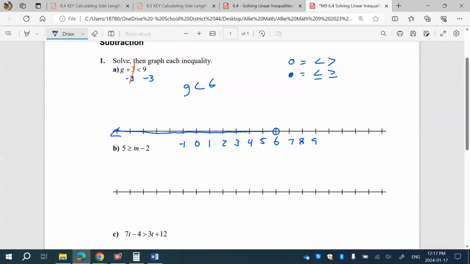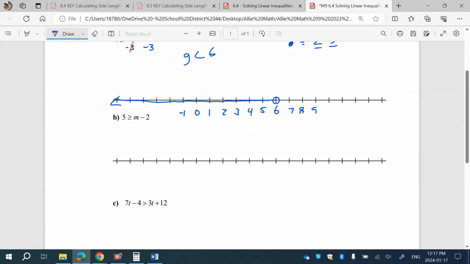Okay. So let's solve this one. We have m minus 2 is less than or equal to 5. Just need to add 2 to each side to get the m on its own. So that's going to zero that out. We're left with 5 plus 2 is 7, is greater than or equal to m. So we can draw our 7 here.